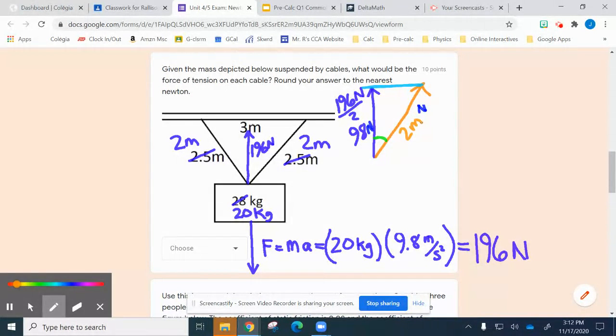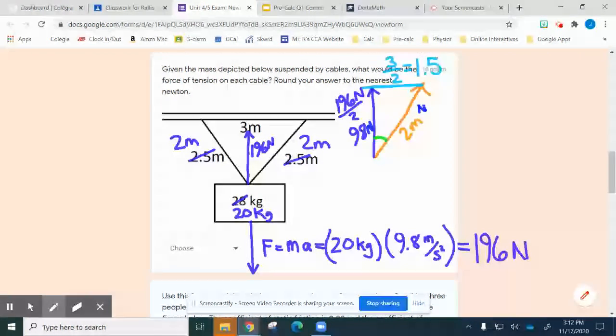And we know that other leg at the top is going to be 3/2 meters, which is the same thing as saying 1.5 meters, right? And it's 1.5 meters because it's half of the 3 meters that separates the hooks that those 2 things are hanging from the ceiling from.